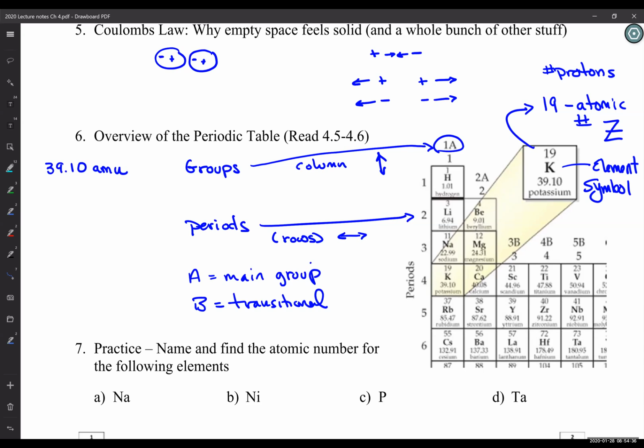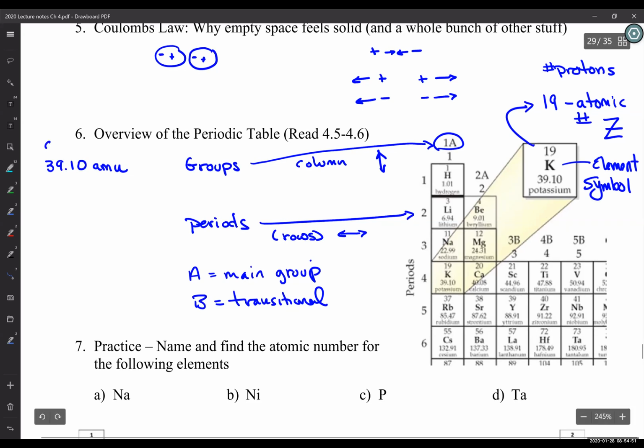So remember we talked about a proton weighs 1 AMU and a neutron weighs like 1 AMU, and electrons basically don't weigh anything, right? This is the average atomic mass for potassium, and it's in atomic mass units.